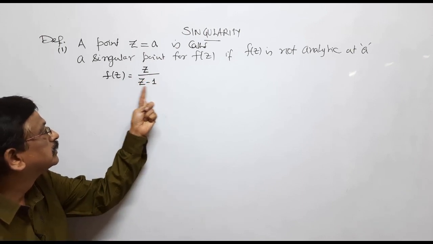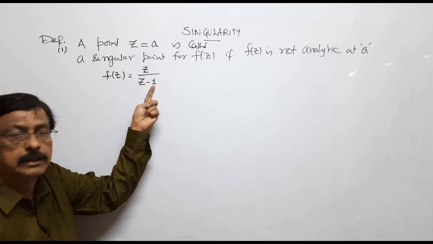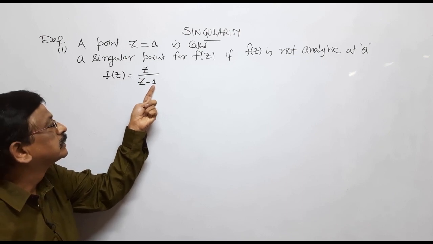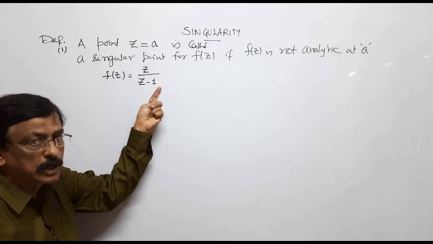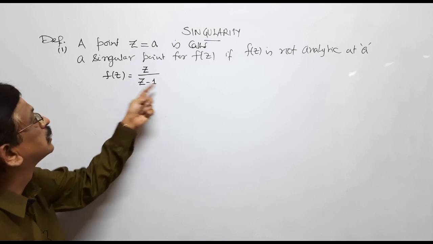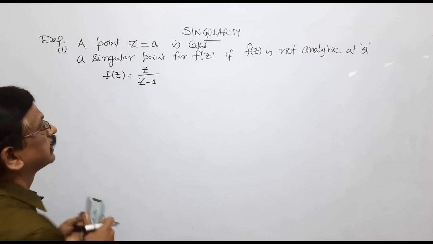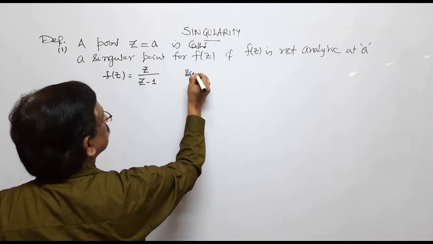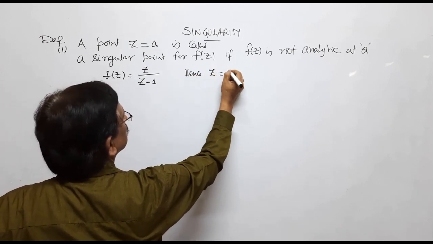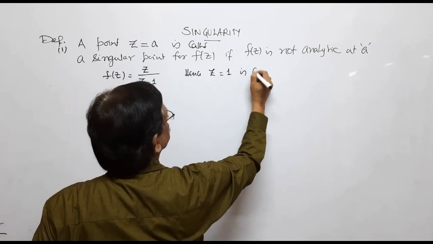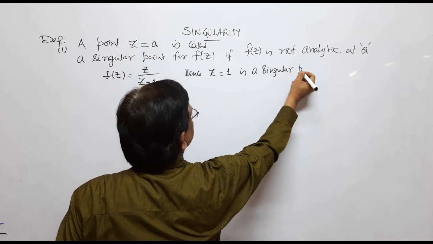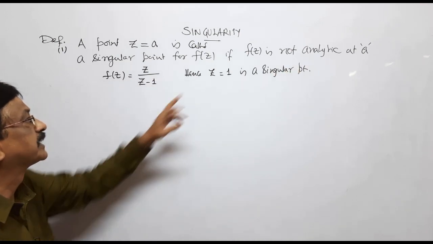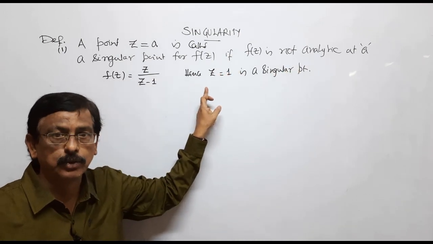If you look at z minus 1, it is 0 when z equal to 1, so f is not analytic at that point, hence z equal to 1 is a singular point. We say f(z) has a singularity at z equal to 1.